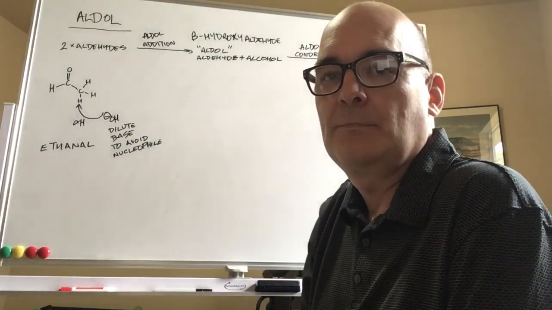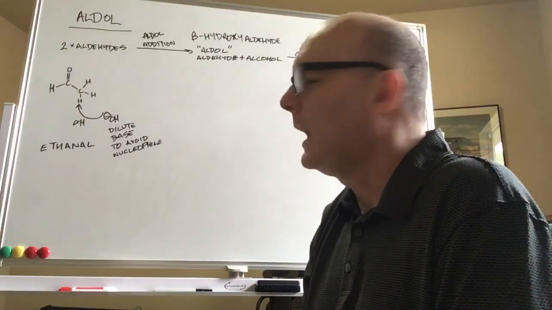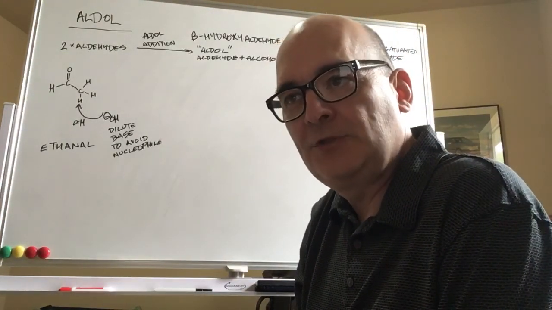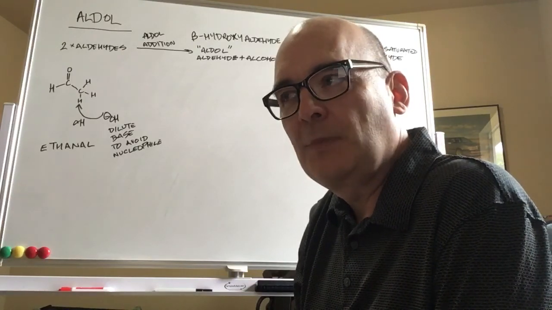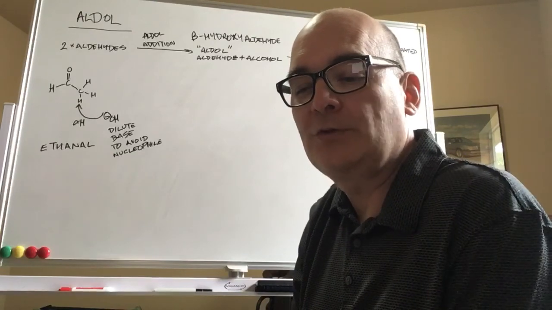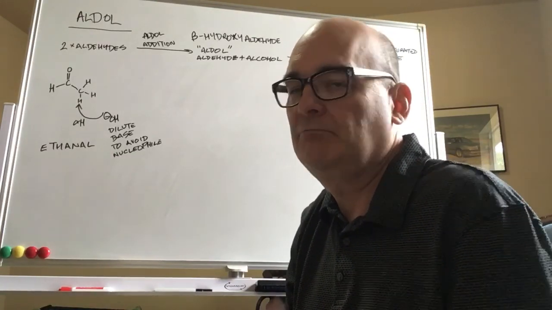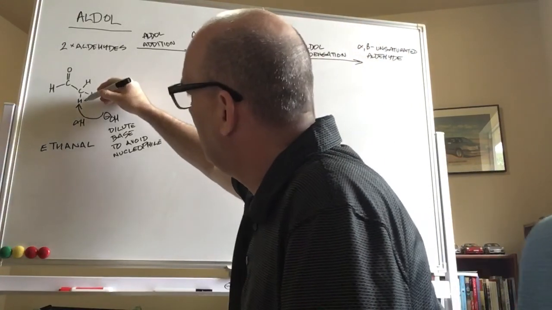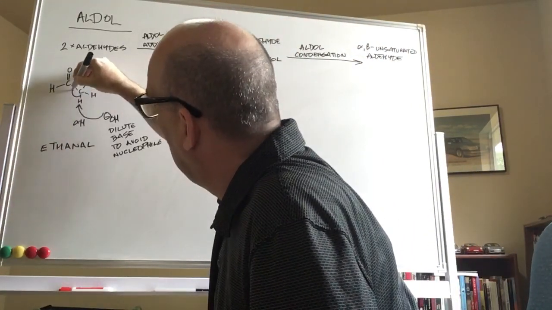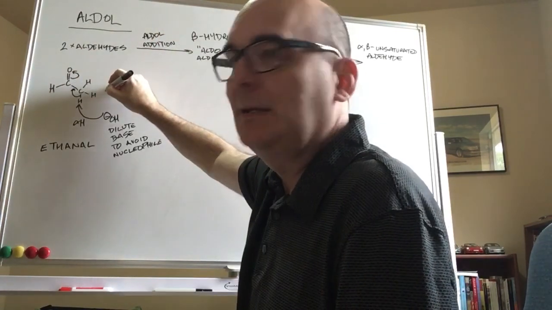Okay, I'm going to run through this mechanism showing you the enolate variation. If you want to write down the carbanion variation, that's fine. So I'm going to take that hydrogen. I'm going to make the enolate.